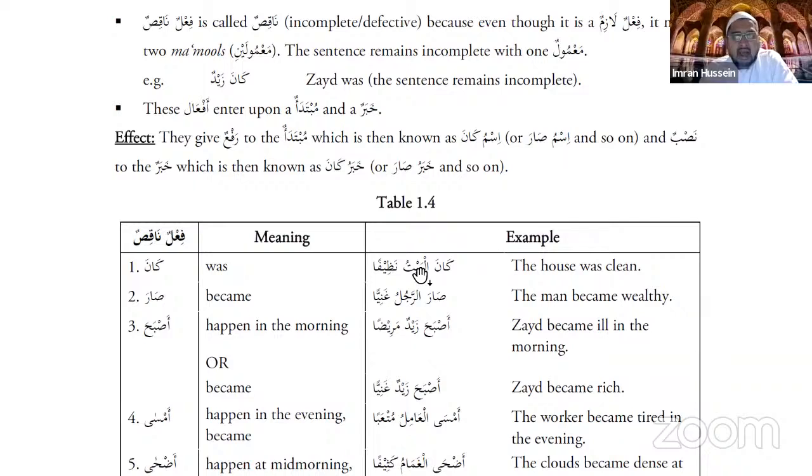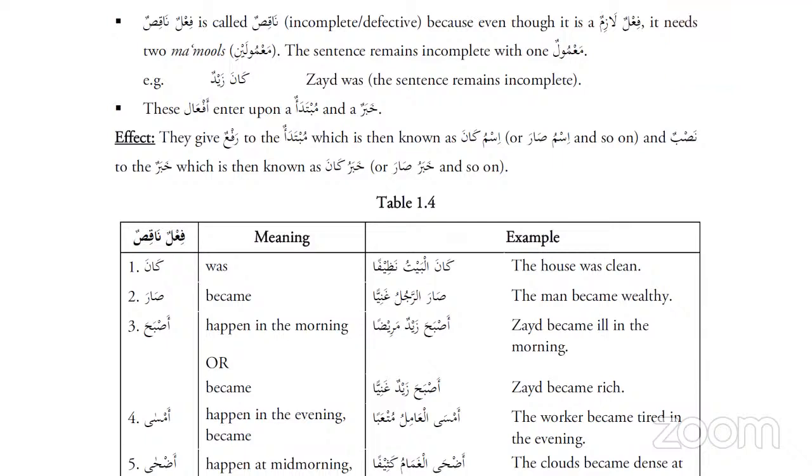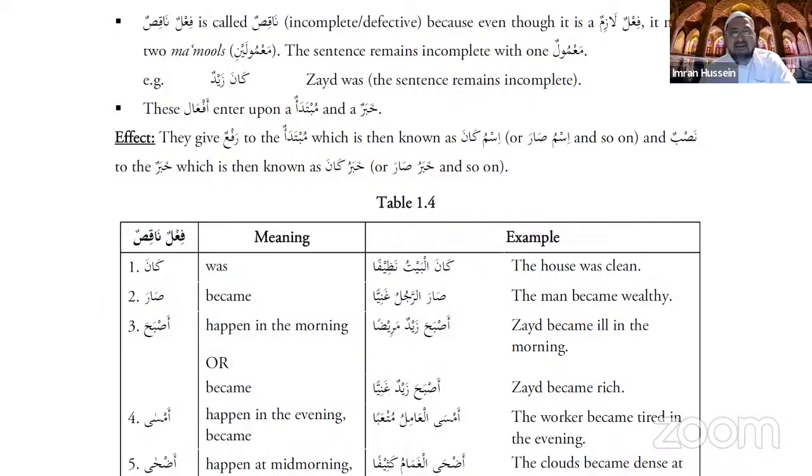How do you know it's a nominal sentence? Because the first part has al and the second part has tanween and dhamma. Excellent, mashallah. This is the key. The mubtada and khabar, both nouns, are in the state of marfu, the nominative case, meaning both of them take dhamma. Al-baytu nadhifun: the house is clean.